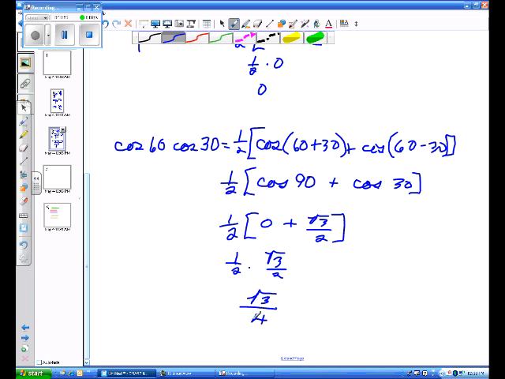And as you see, we could have gotten that much easier just doing our values, but we can do this with other angles that we may not know what those values are. And so it gets it in a little simpler form. But we practiced it on something that we could then easily see what our answer was so that we could check it.